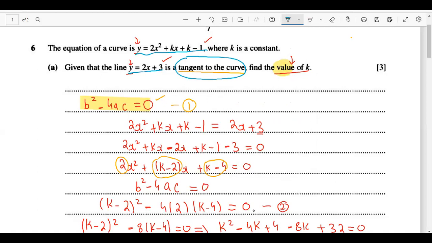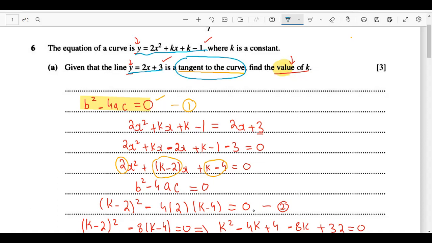It could be that the line is intersecting the curve at 1 point only, or an equivalent statement of the same case would be that the line is tangent to the curve. It would mean that the discriminant is equal to 0, and if it is given that the line and the curve are not intersecting at any point, then b squared minus 4ac, that is the discriminant, would be less than 0. These are the three cases.